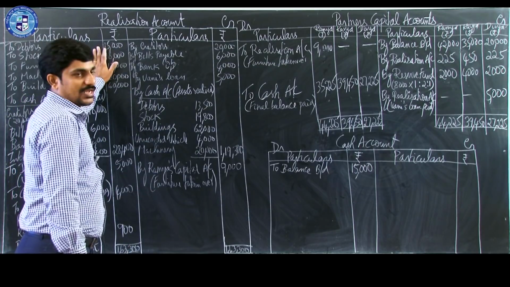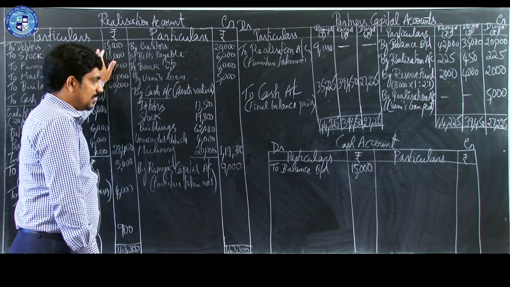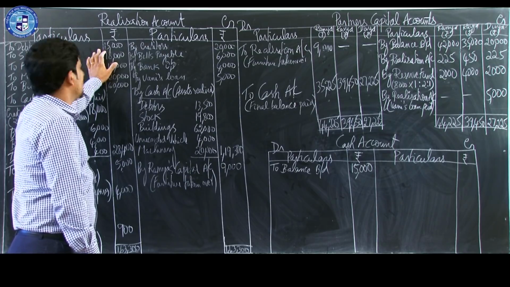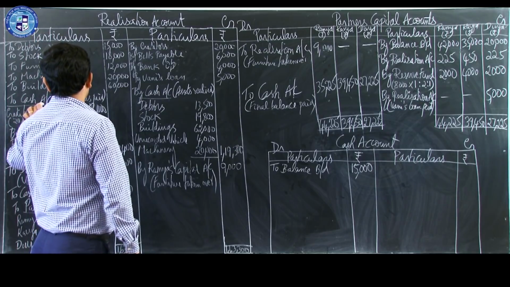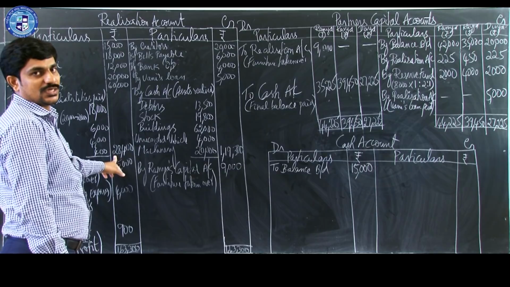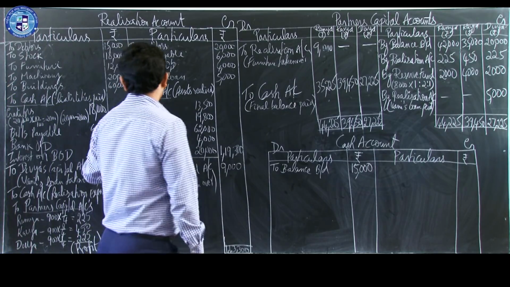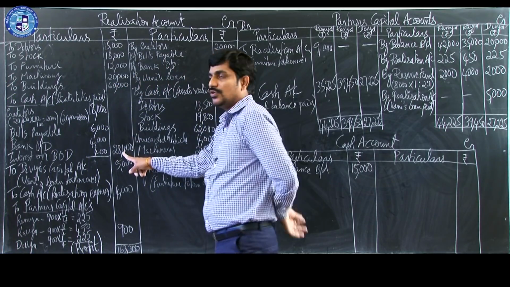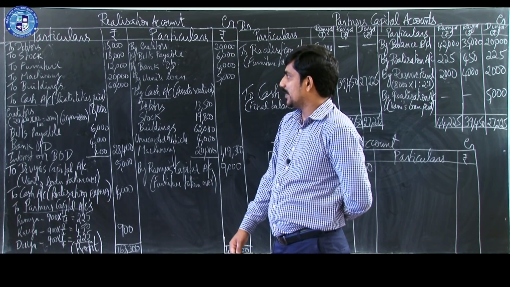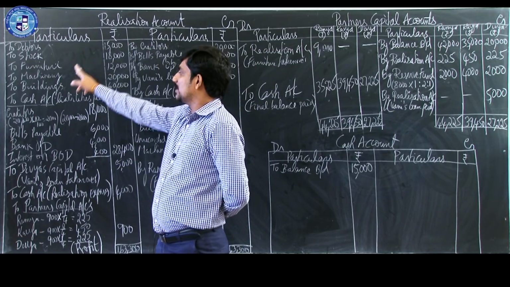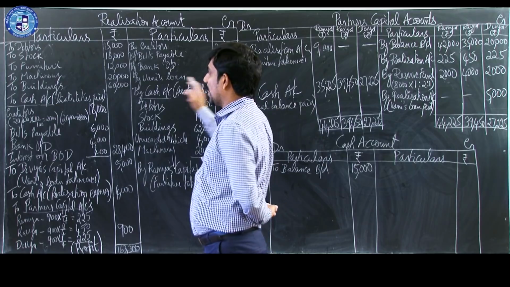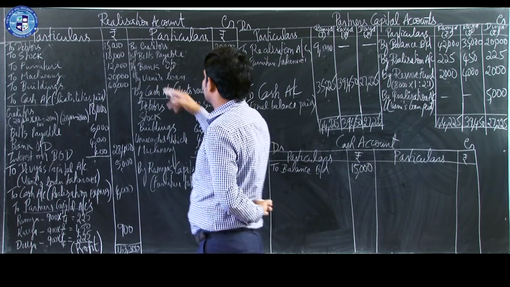Now let us start with realization account. Just check in your problem whether cash is there. On the debit side of realization account, cash is there for liabilities paid. How much? 28,400. Paid, so it will go to which side? Credit side. That is nothing but realization account debited to cash account. Now we are preparing cash account, so cash account is credited by which account?